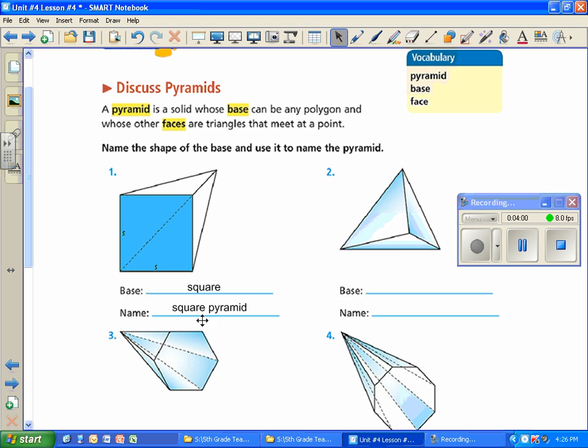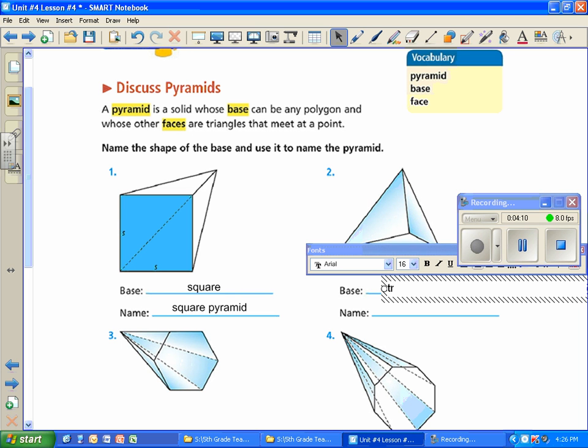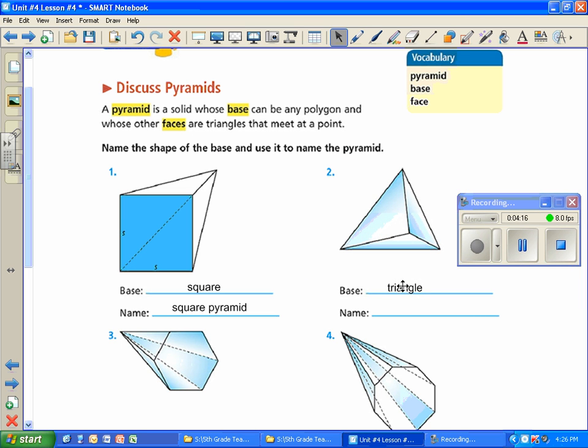Over at number 2, looking at the base, we would recognize that the base of this pyramid is a triangle. So the name of it would be a triangular pyramid. You would not call it a triangle pyramid, you would call it a triangular pyramid.